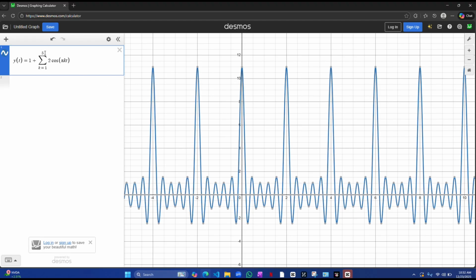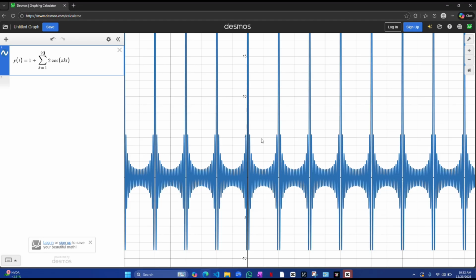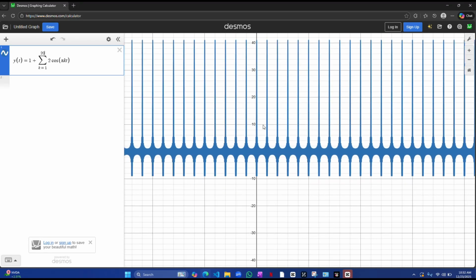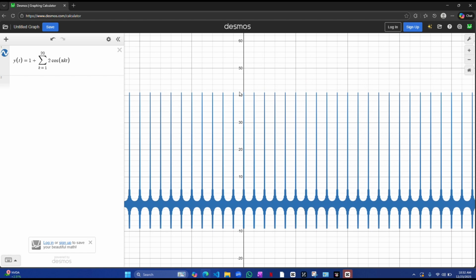If we go ahead and increase this, let's just say to something like 20, you'll see that this is becoming more and more like the impulse, all right? Like the periodic impulse train is shooting more and more up to infinity. And if you shoot this all the way up to infinity, it will be a nice clean signal like our periodic impulse train.